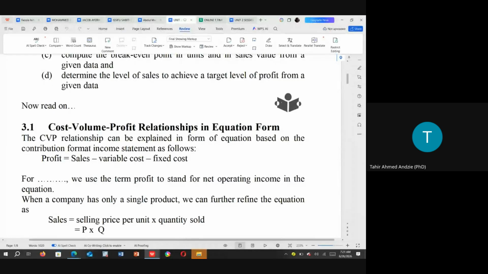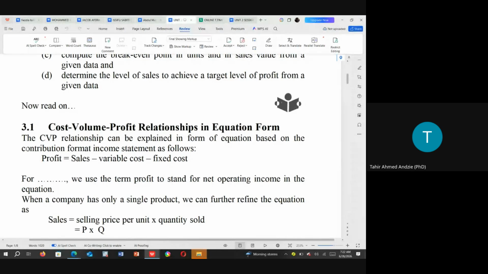Sales less variable costs gives you contribution, and then you less fixed costs. We use the term profit to stand for the operating income in the equation. When a company has only a single product, we can further redefine the equation as follows.